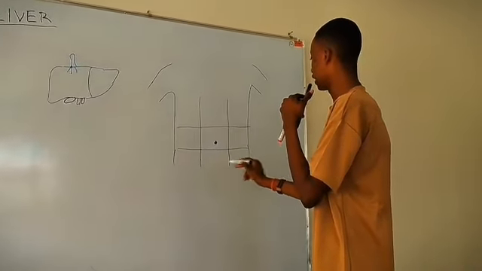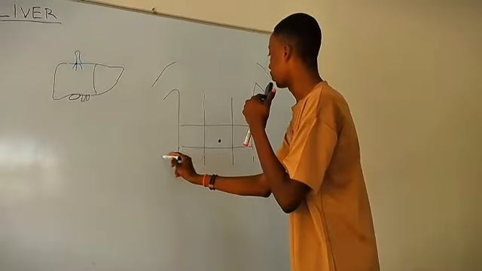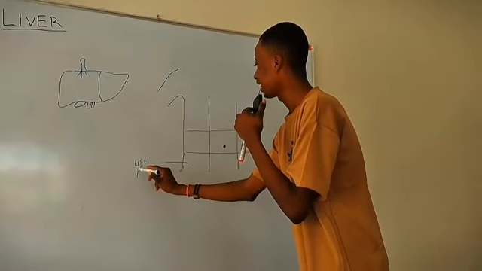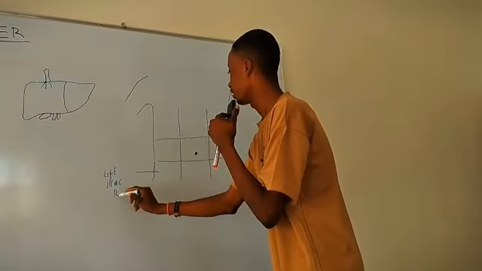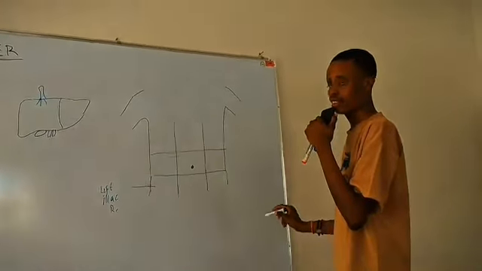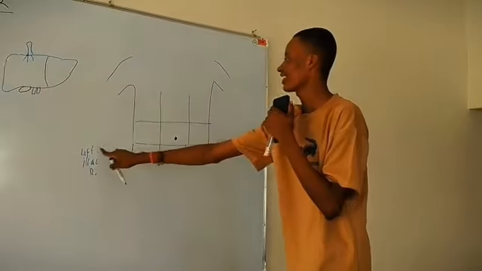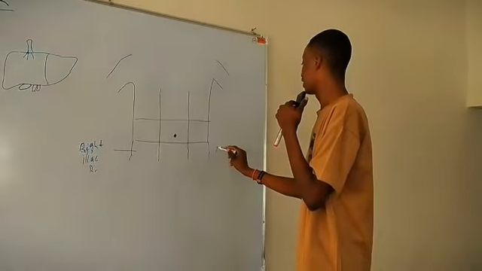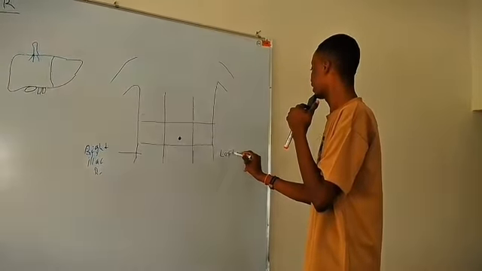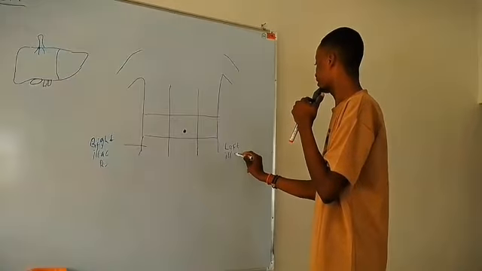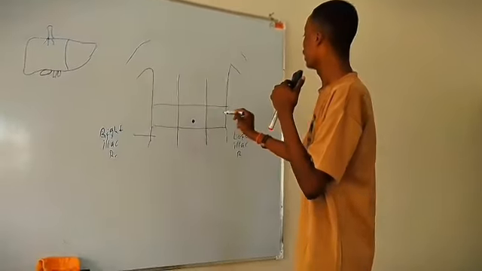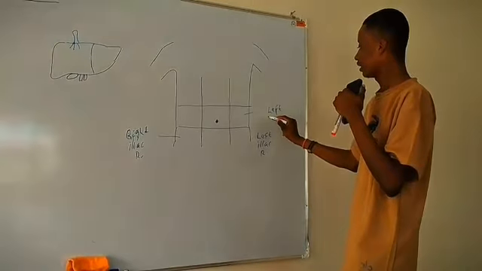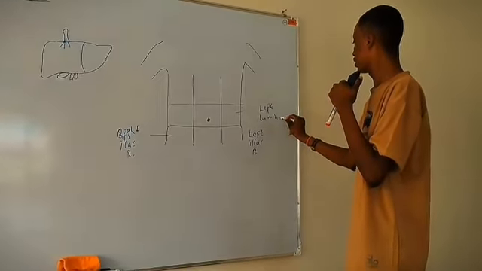Now, these regions you are looking at here, here is called the left iliac region. Here is called the right iliac region. Here is called the left lumbar region.